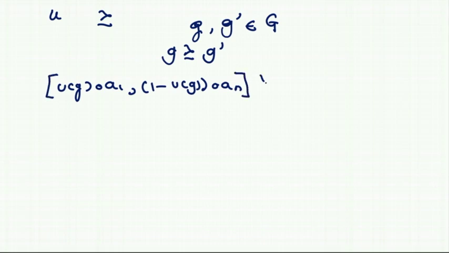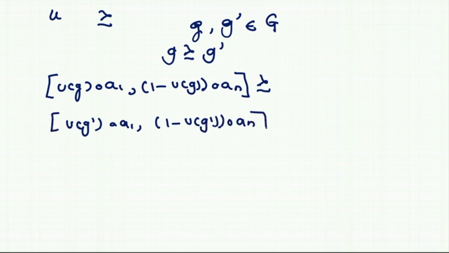is at least as preferred as, I put it here, another one here because I don't have enough space, U(G prime) composite of A1, 1 minus U(G prime) composite of AN. Can you see?